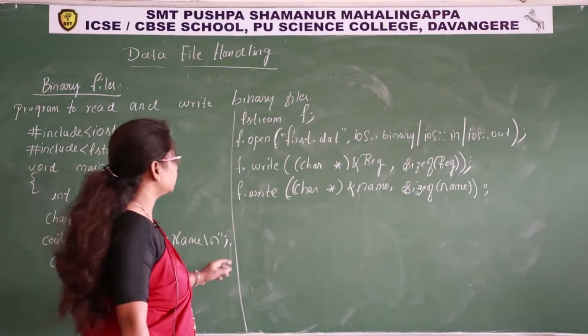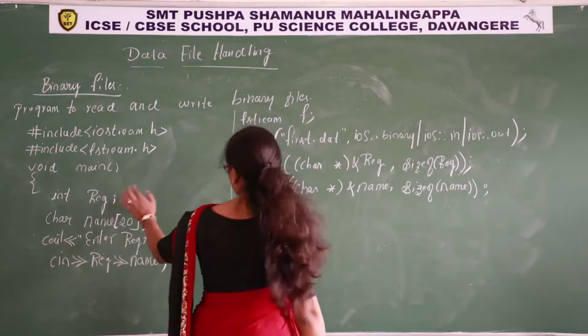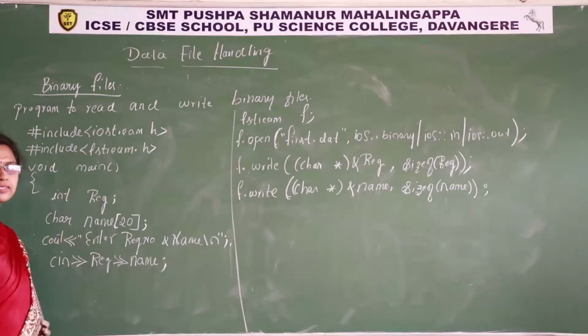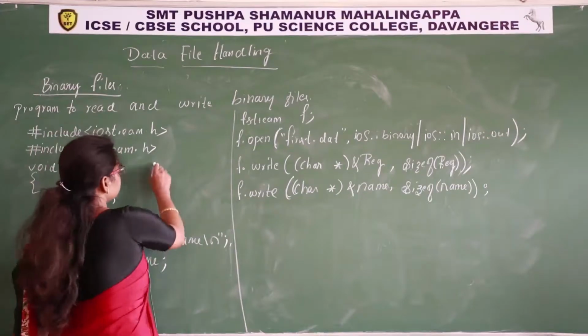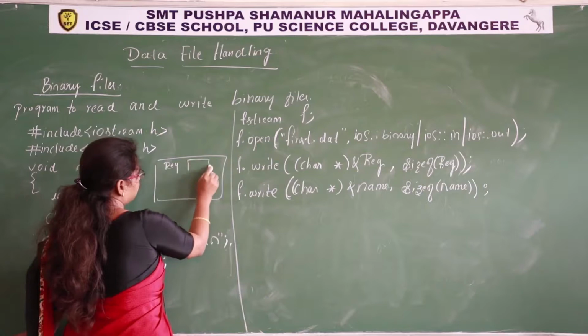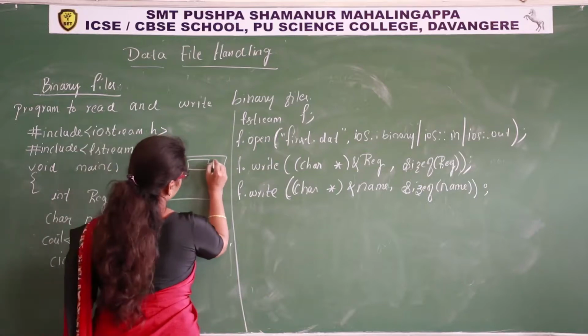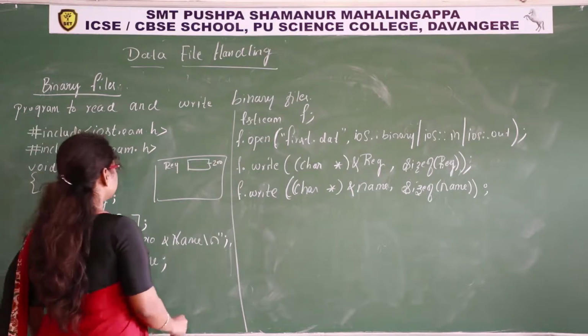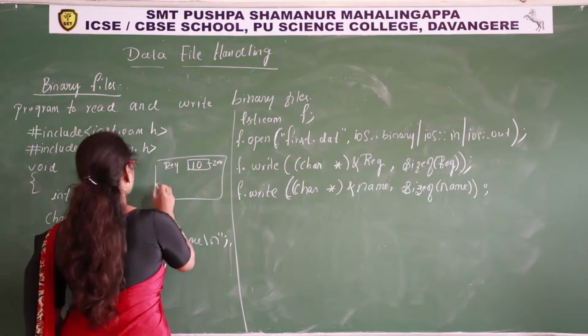See how to understand this. There is a variable called reg. It's an integer type. It contains an integer value. Now this is a RAM. In the RAM there is a 2-byte memory. Its address is 200, let us consider. Its name is reg. Assume the value is 10 and the name.